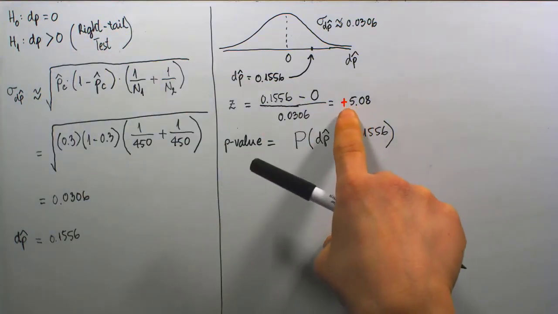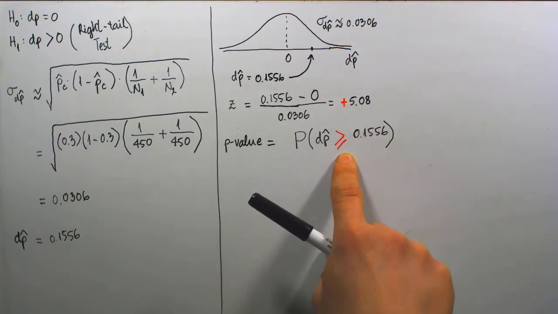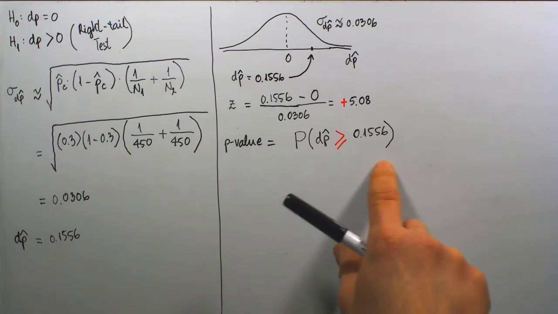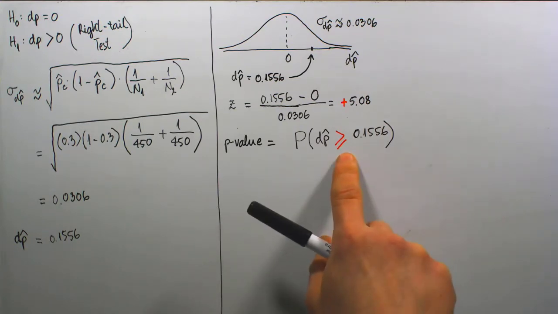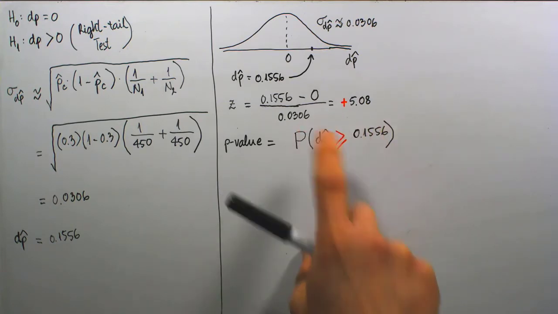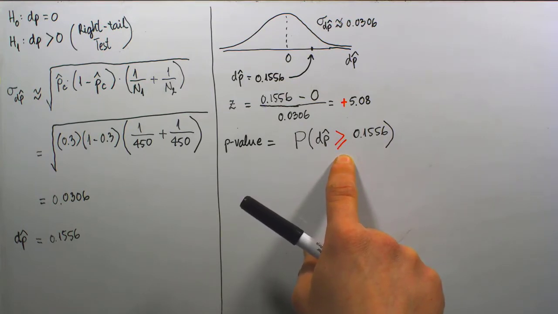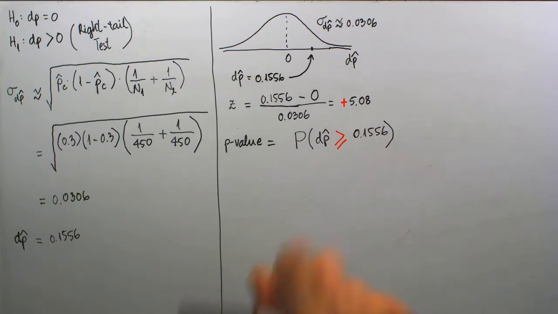And this z-score being positive should be consistent with the fact that we are now calculating our p-value using the right tail inequality in our probability calculation statement right here. Look at that inequality that I'm writing in red. It's stating greater than or equal to. So those are a few checkpoints that we can check for consistency.